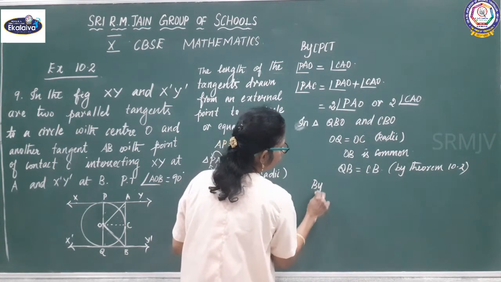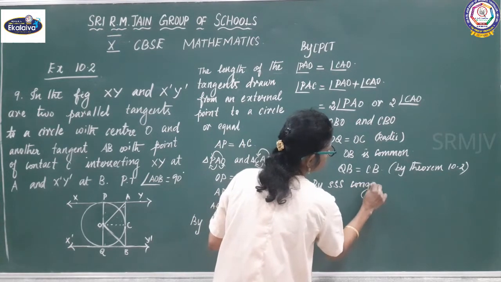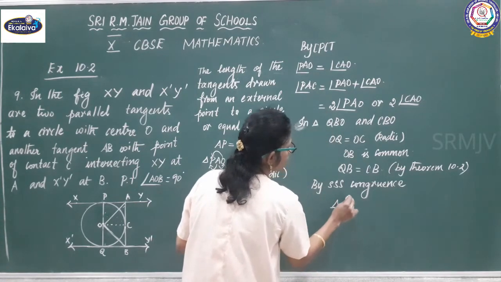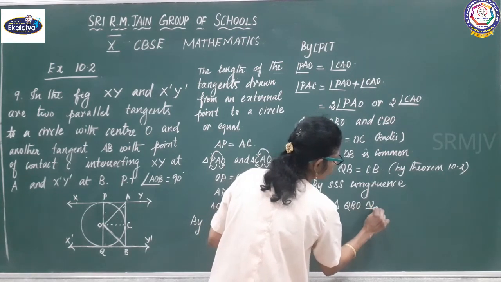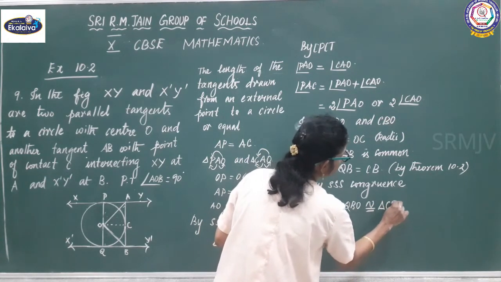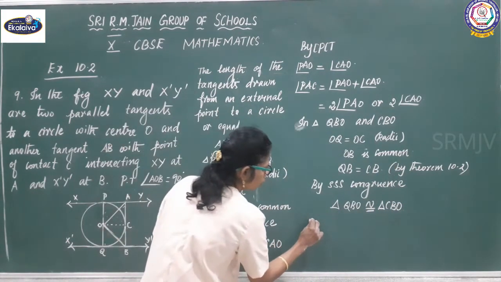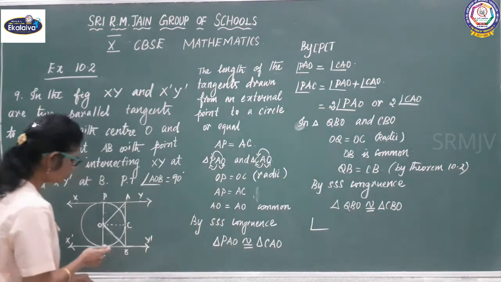By triple S congruence, triangle QBO is congruent to triangle CBO. That means by CPCT, what is your conclusion?